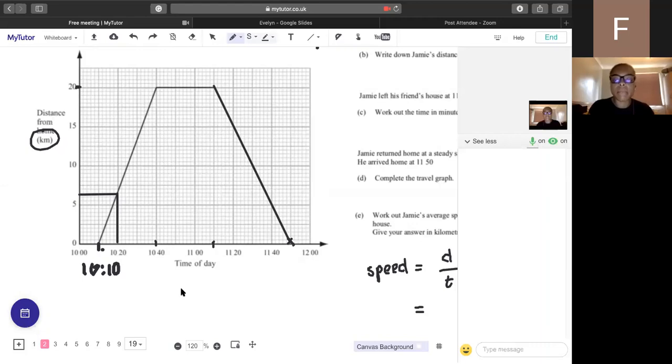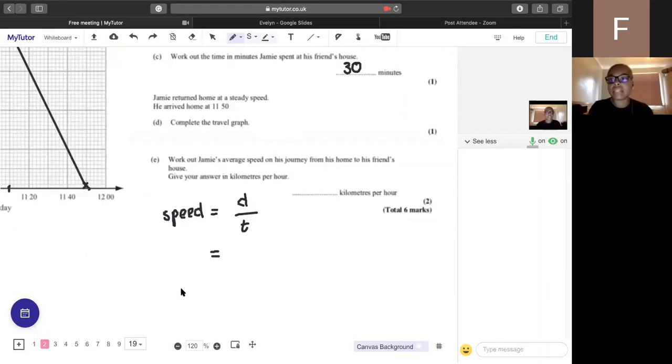Now, bear in mind, always pay attention to units. It doesn't say per minute, it says per hour. So it took him 30 minutes to get to his friend's house. Now 30 minutes is equal to half an hour. So that would be 0.5 hours.